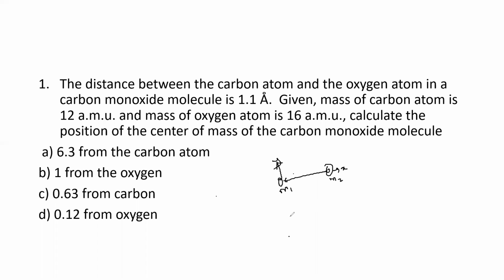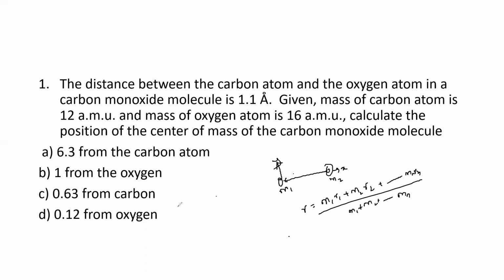The center of mass of a system of particles is given by the formula R is equal to m1r1 plus m2r2 plus and so on up to mnrn, whole divided by m1 plus m2 plus and so on up to mn.